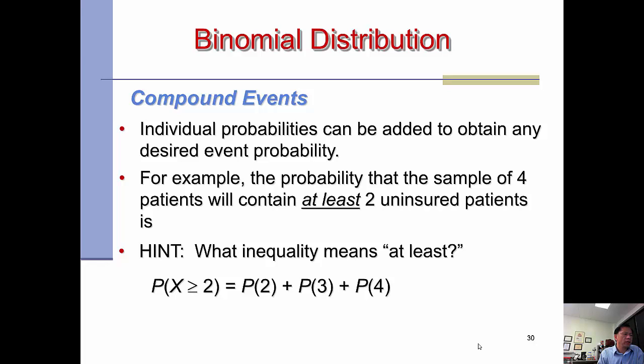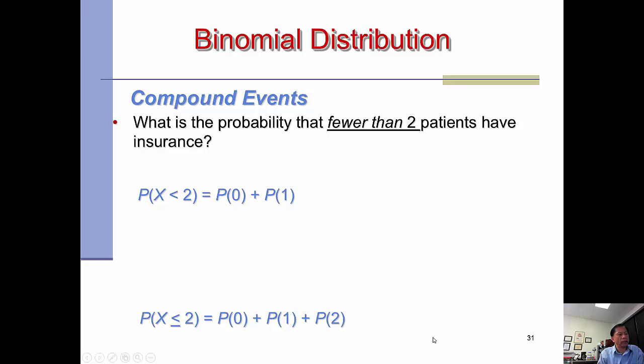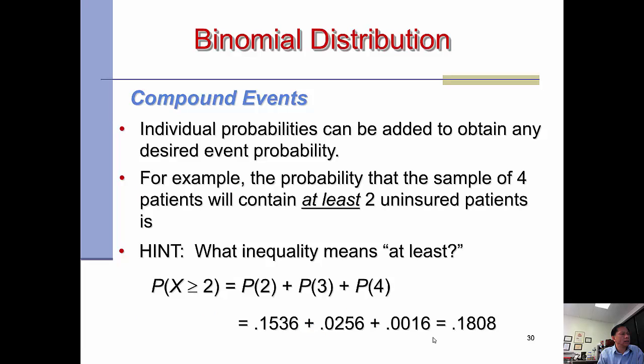At least 2 means what? X equals 2 is at least 2. 3 is at least 2, and 4 is at least 2 as well. We can calculate that P(X=2) is 0.15, P(3) is 0.02, P(4) is 0.0016. So the total is 0.1808. Okay? That's the probability of at least 2.